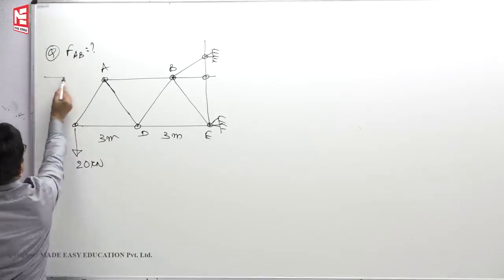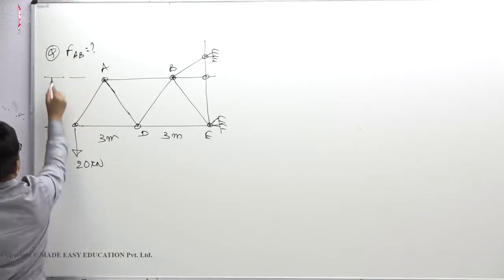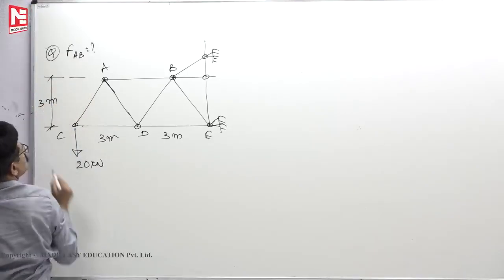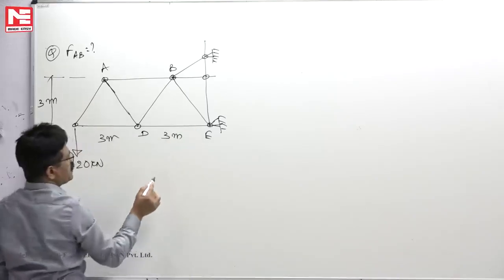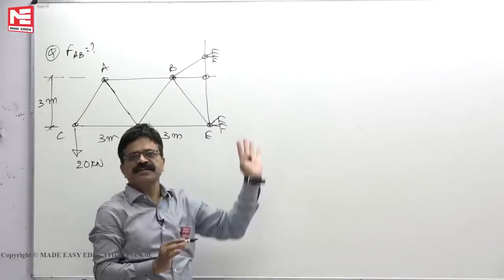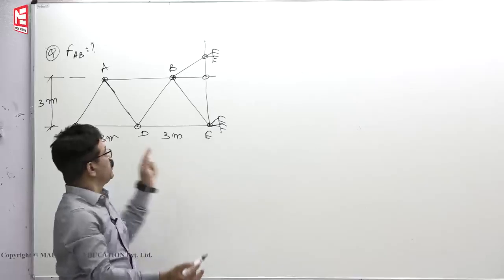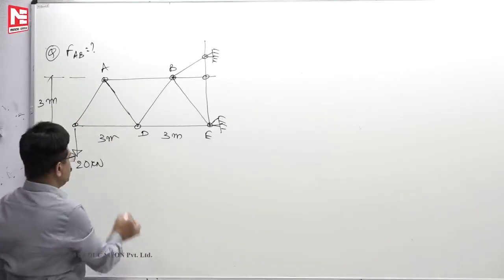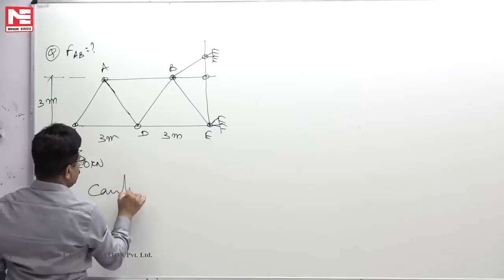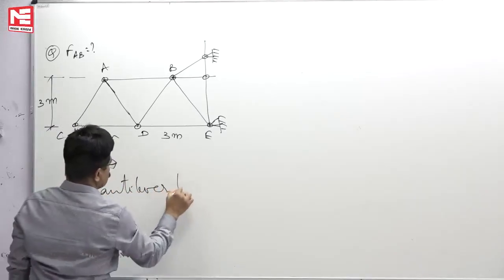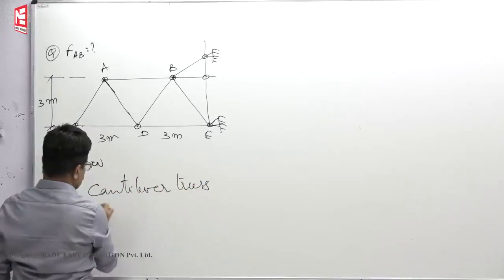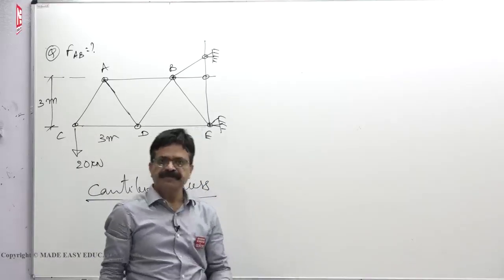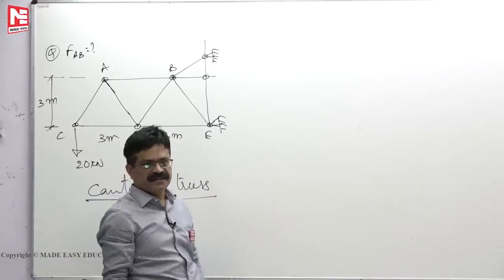Okay, this height is also, let us assume, 3 meters. This type of trusses, if the two supports are at one side, and the other side it is free to deflect downwards, such trusses we call as cantilever truss. Similar to a cantilever beam, you can have a cantilever truss.